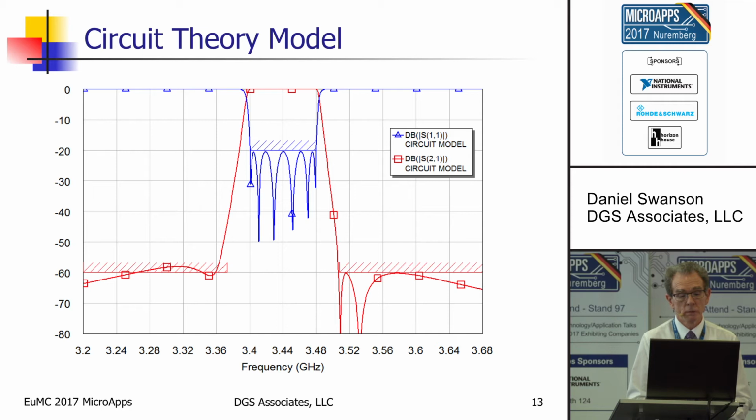And we can retune the circuit so that we're actually meeting the spec on the low side, but then the high side goes out. And in fact, there is no solution in the circuit theory model that's perfectly symmetrical like the coupling matrix was. So we can tune on that a little bit and verify that that's indeed the case.